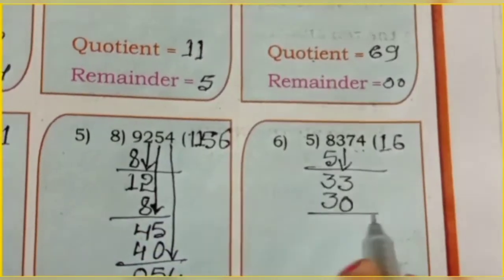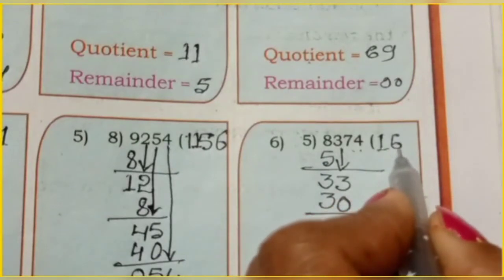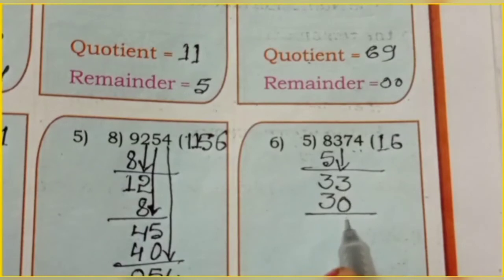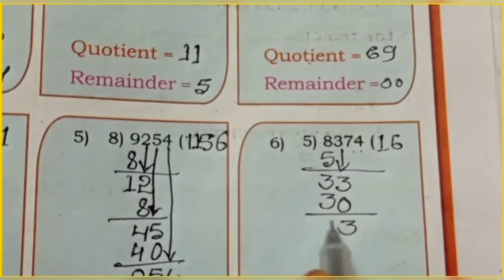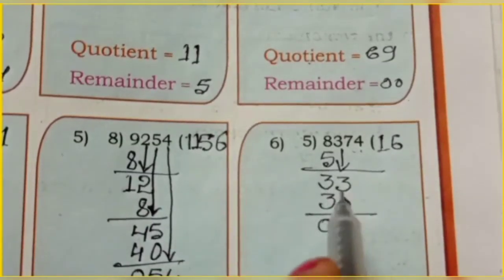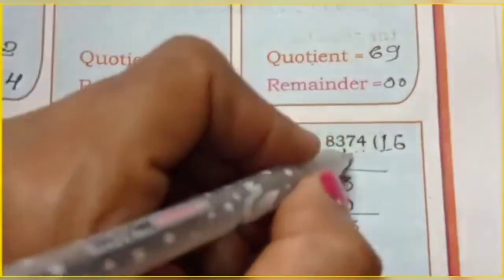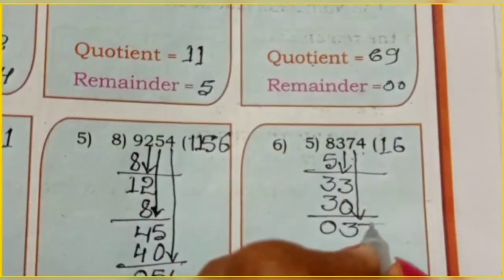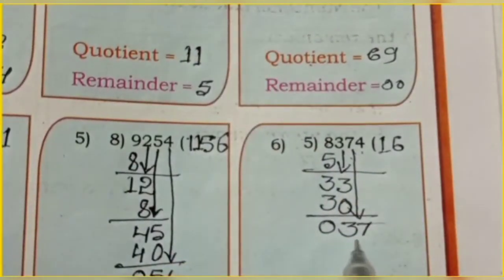Write 30 here and write 6 as the second digit of the quotient. 3 minus 0 is 3. 3 minus 3 is 0. Now bring down 7.